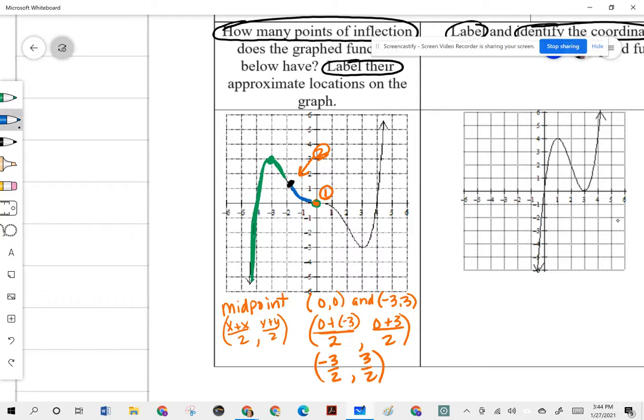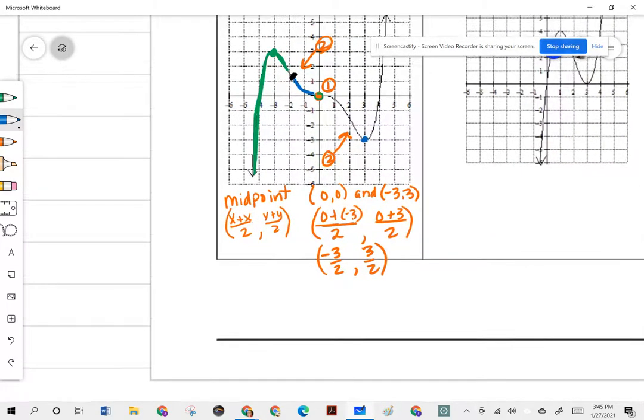What we do have is another version of number 2, where we have the 0, and then we have a minimum. So now what we need to do is find the midpoint of these two. Now some of these you can just obviously see by looking where the halfway point would be. But right now I'm just going to go ahead and show you those 2 points. So we've got 3, negative 3.